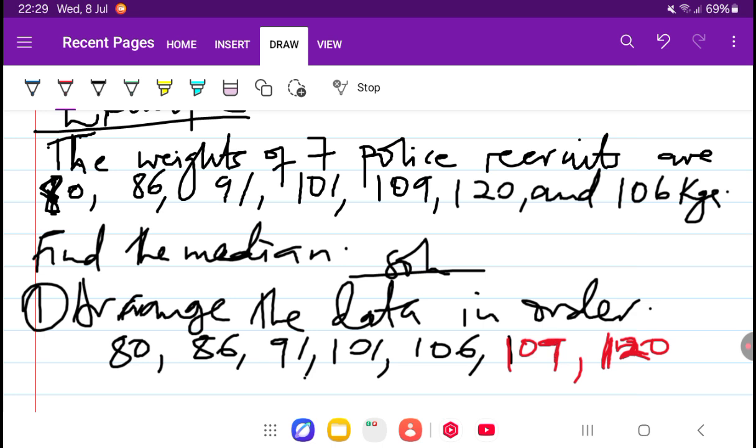Of course, you can see that this data set is arranged.